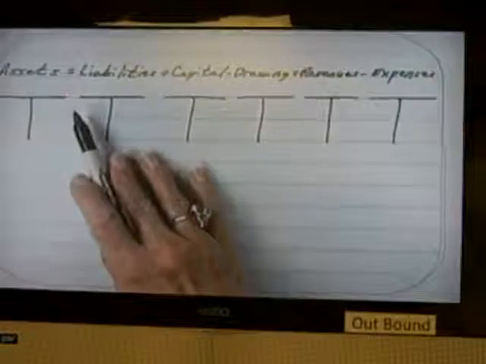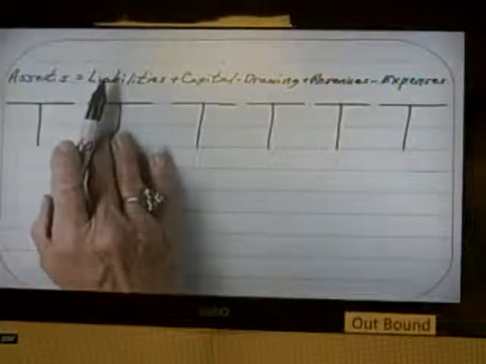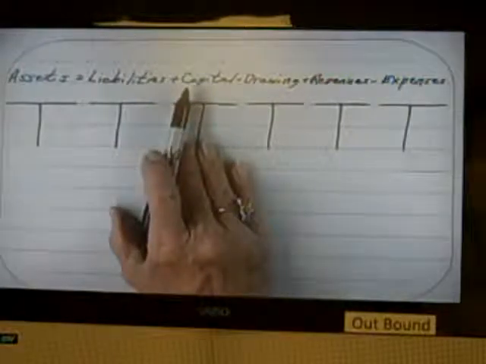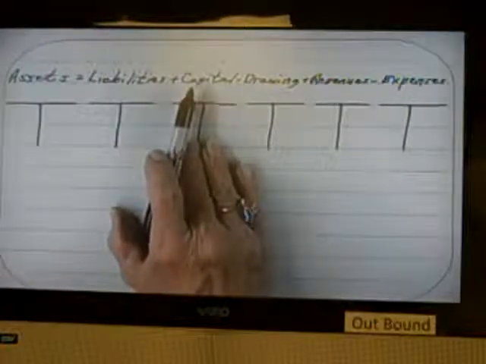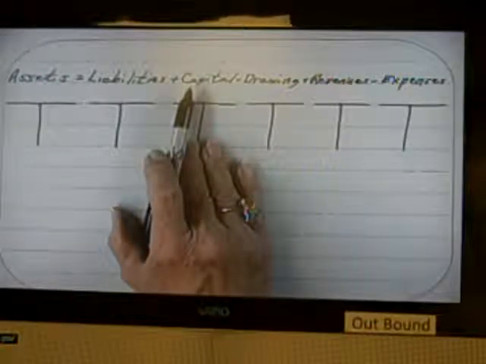Now, assets are things of value that we own. We already know that from our definitions, but I just want to go over it briefly again. Liabilities are debts that we owe. Capital is what we're worth, our net worth. It would be what we invested in the business to begin with, plus anything that we earned and kept in the business.